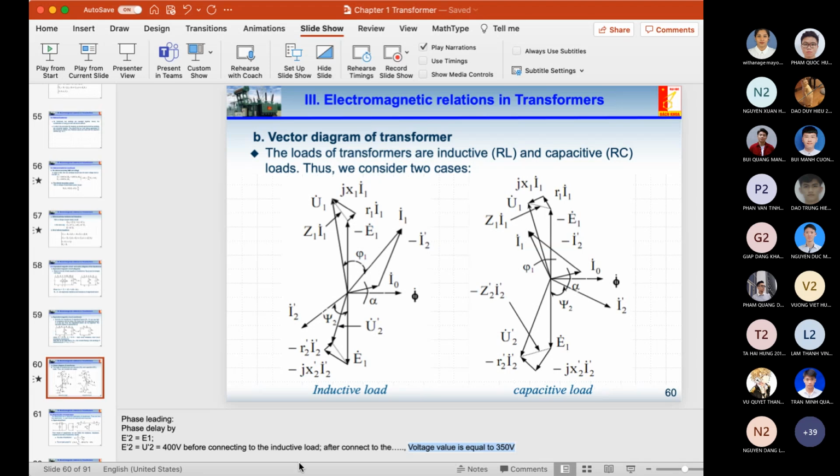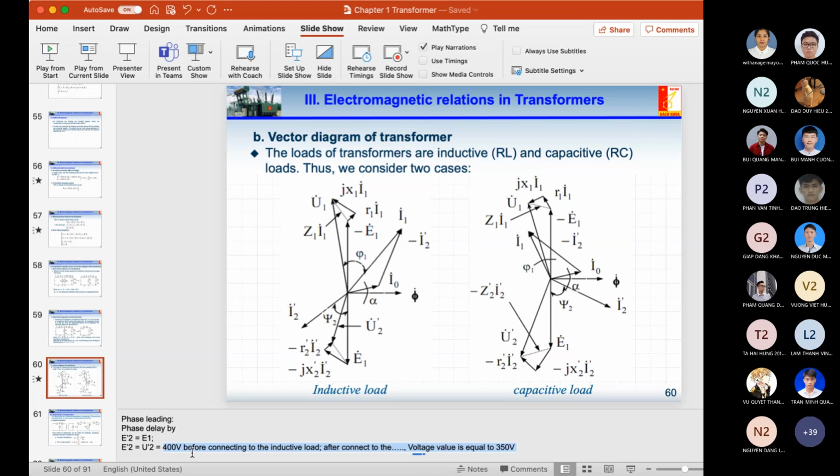For example, let me say again, the transformer is supplying a building, for the lighting and the electric devices in the office. Now if the engineer starts the water pumping, because the water pump is an inductive load, the output voltage of the transformer is not the same value as before.